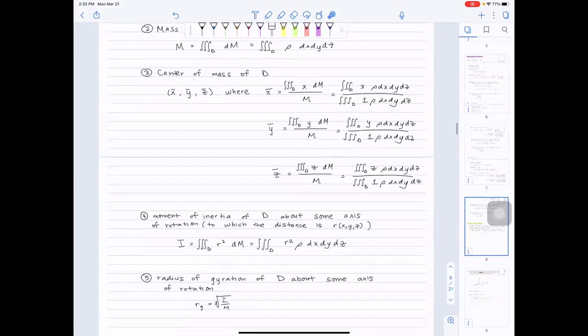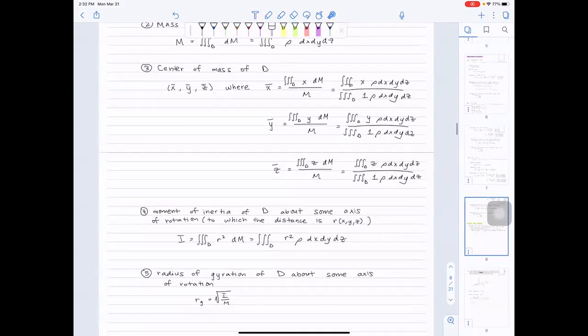So Bryce said there are things beyond the basics, like radius of gyration, that may be tested next week, but not this week.